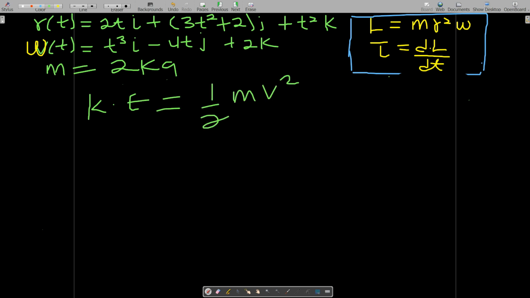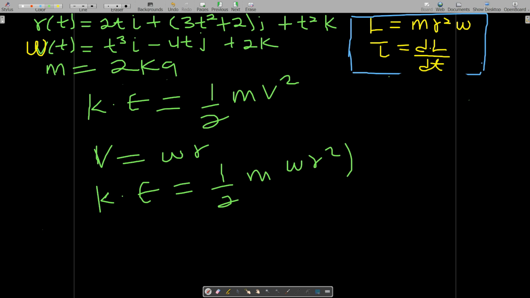Okay, now in angular motion, v is equal to what? Omega r. So I can set v equals omega r in place of this, and I get half m omega r, all squared.